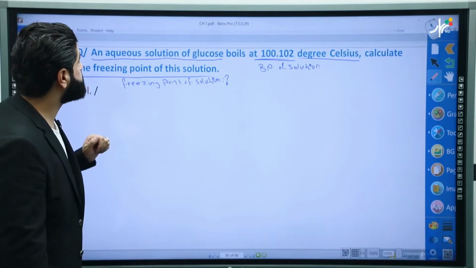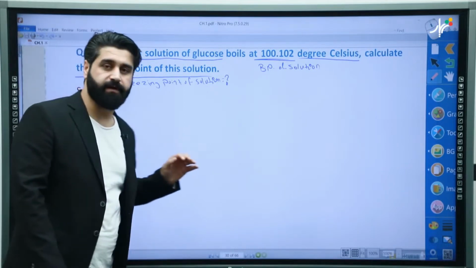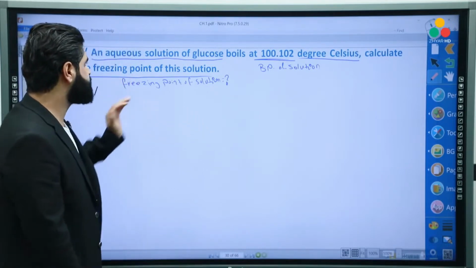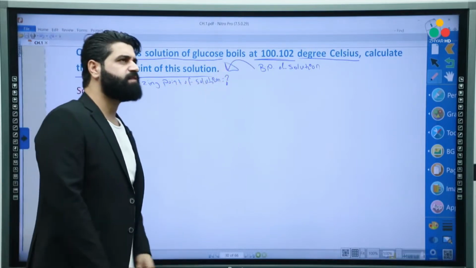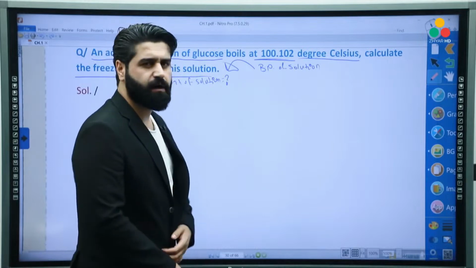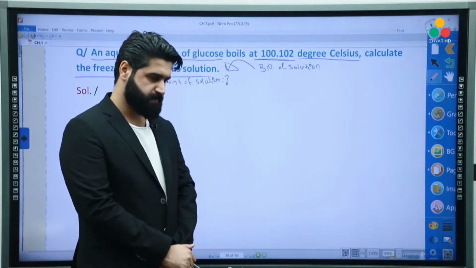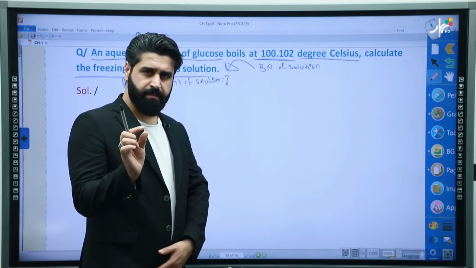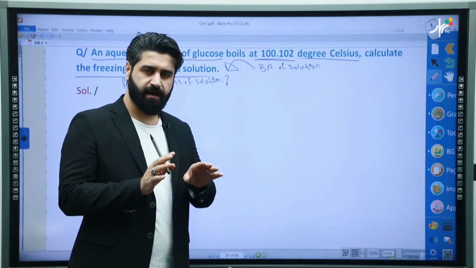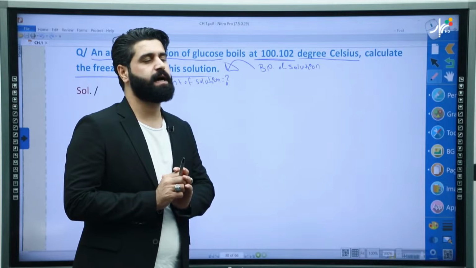So how can we travel from boiling point to freezing point? How can we jump from boiling point to freezing point? We have to look for something in common between them. Which factor, which member of their equations is common between them?